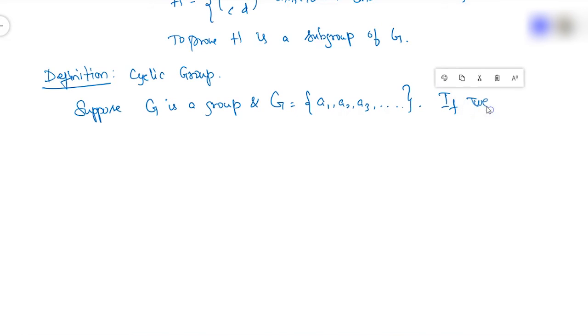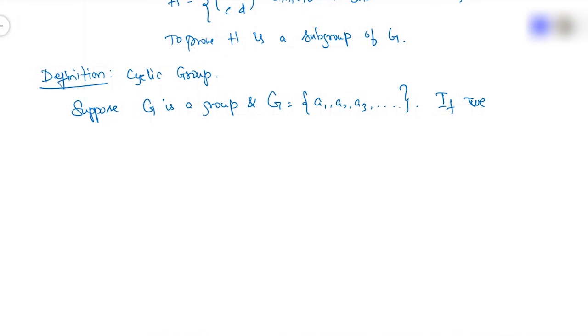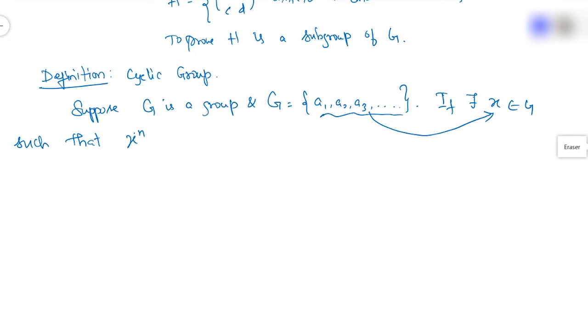If there exists an element X belonging to G such that the entire G is generated by a single element X, that is X power n equal to E.